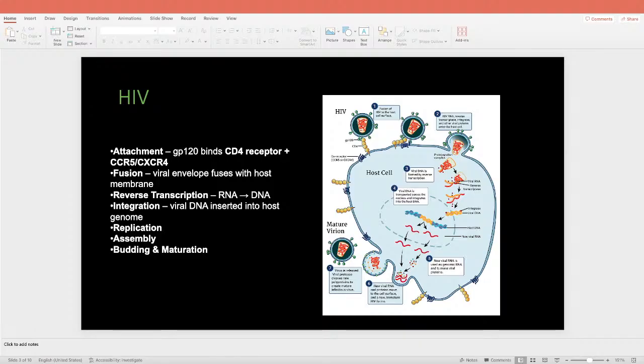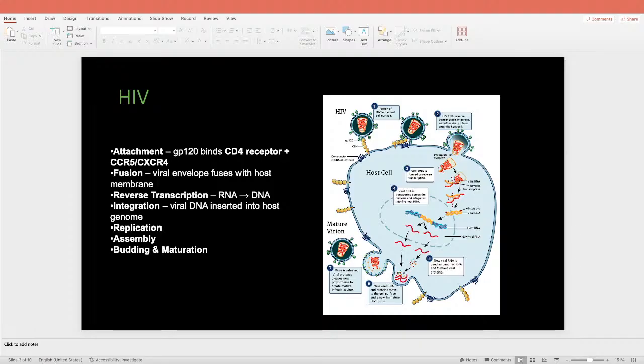So that is how the virus makes its proteins for replication and assembly, and then starts maturing, all of which strengthens the virus. It's a very simple way to look at it.